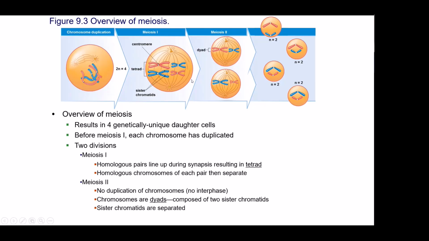In meiosis 1, you can see that it will go through prophase, metaphase, anaphase, telophase, but in this case, on metaphase, the homologous pairs line up. It's called synapsis, and you have basically these 4 sister chromatids all lined up, paired off with the centromere. So instead of having mitosis where they're all lined up in a single file, here you have them lined up with the homologous chromosomes. This set of larger ones, this set of shorter ones.